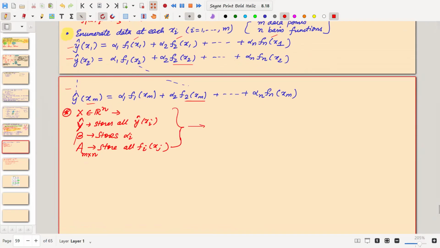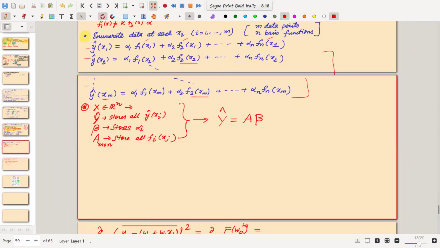We can write this whole equation in terms of y cap equals A beta. Is it correct? How many of you can see?